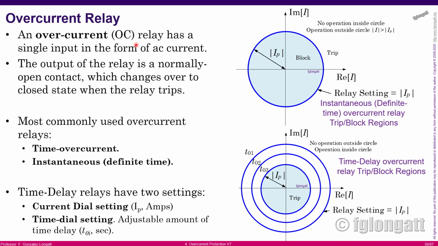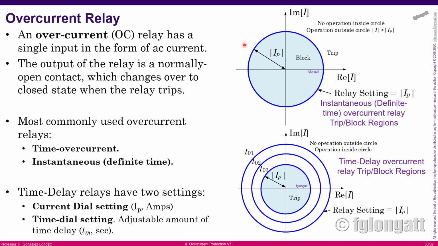The input is mainly the AC current coming from the current transformers, the secondary winding of the current transformer, okay? And the output of the classical non-directional overcurrent relay is the tripping signal that is going to the coil of the circuit breaker, opening the circuit breaker, okay? The typical characteristic is very simple. The non-directional overcurrent relay cares about the magnitude of the current.